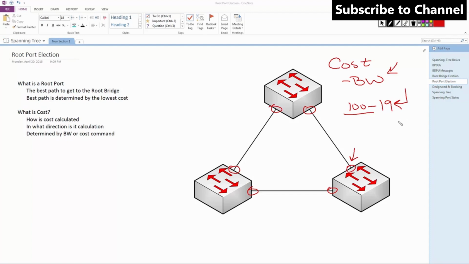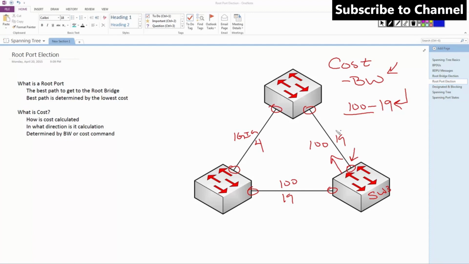Now, this makes a big difference because if this is a 100 megabits link and this is a 1 gig link, this could be a value of 4, where this could be a value of 19. Well, while I'm looking at this switch here, he's going to decide, well, in order for me to go in this direction, let's say this has a cost of 19. In order to get to the root bridge, it costs me 19 to go in this direction.